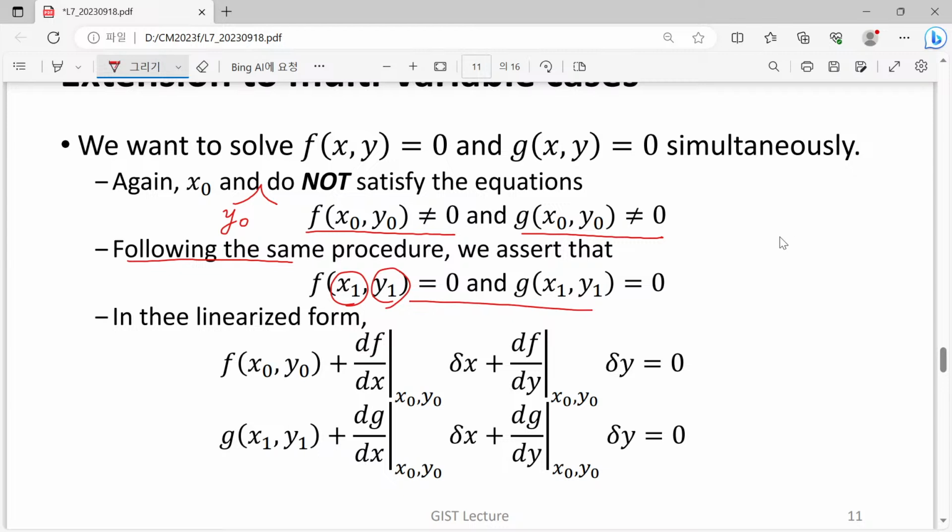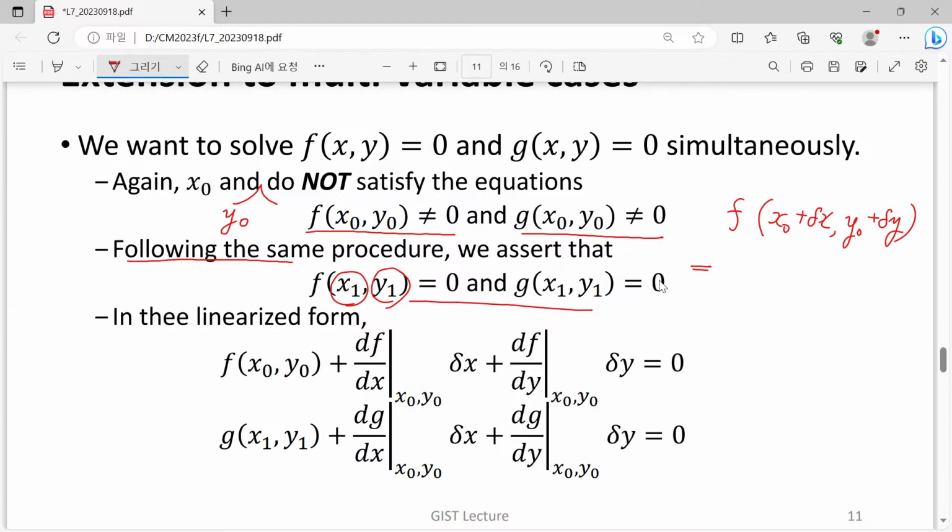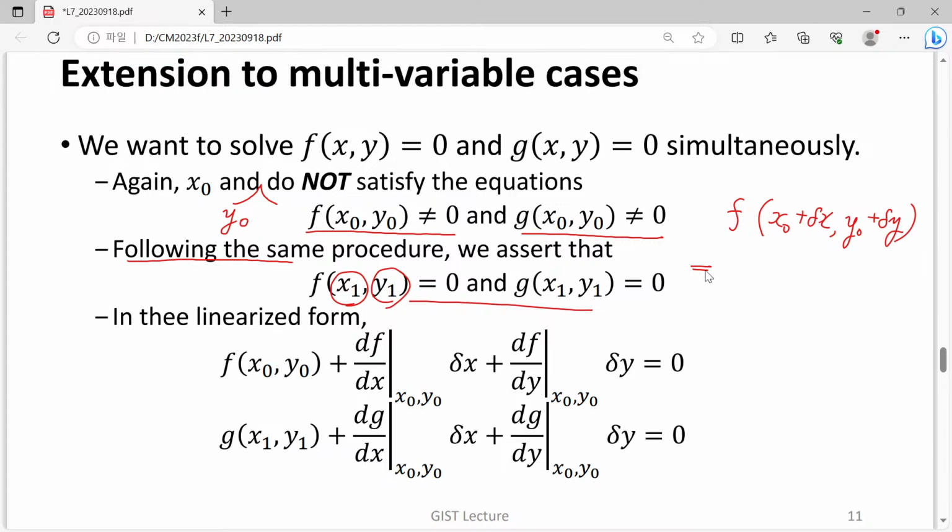Then what will happen? If we have x naught plus delta x, y naught plus delta y, then we can also introduce linearization, but not only for x, not only for y, but we can make the linearization with respect to these two numbers.